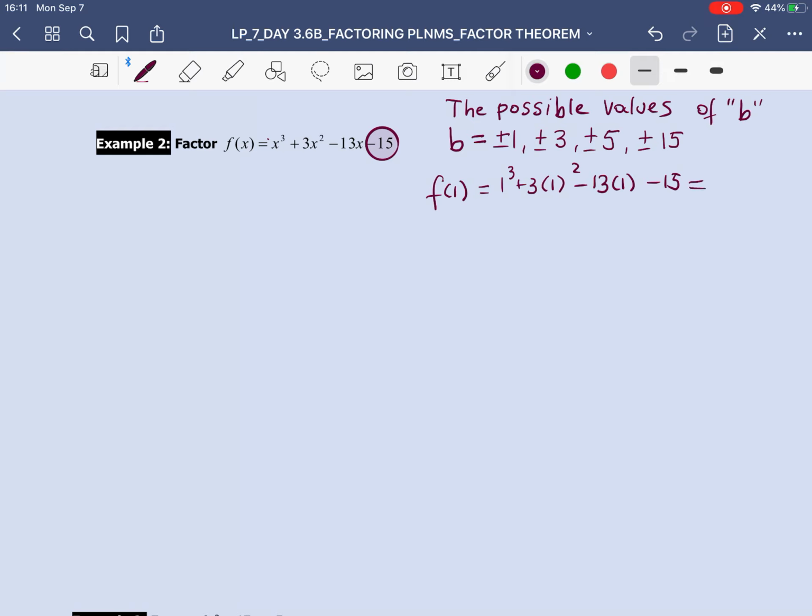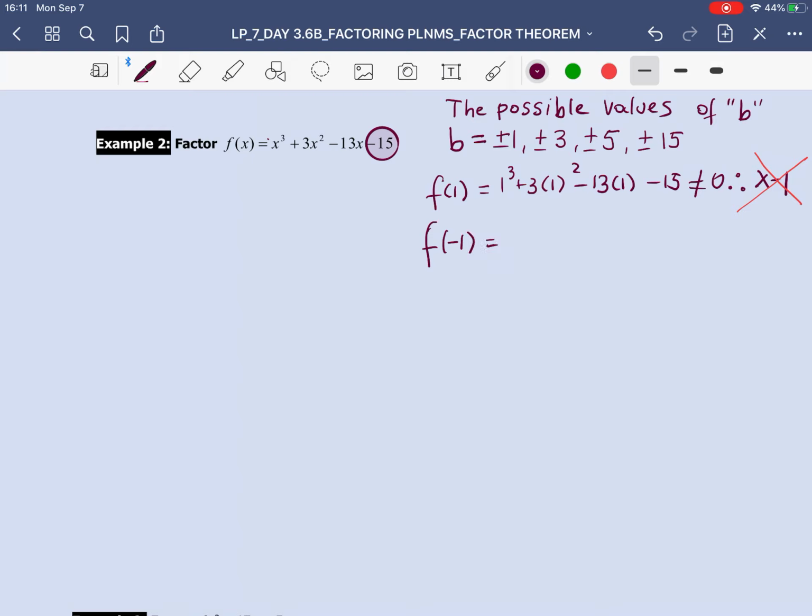We don't need to really calculate this with a calculator. Here we have 1 plus 3, 4, and then minus 28. And I immediately can say that's different than 0. So therefore, x minus 1 won't be a factor. It won't work. So we're moving on to the next possibility.